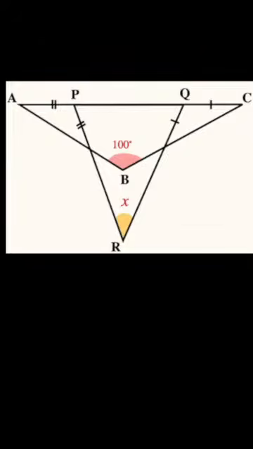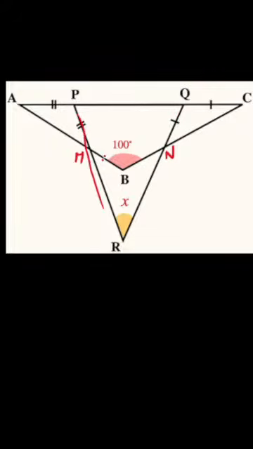Let me just mark this for you guys, because you guys are getting confused here. Don't make any assumptions from your side. Let me just mark these points as M and N. What you are given is that PM is equal to QN. This is given to you.